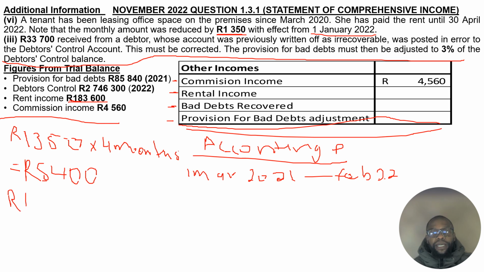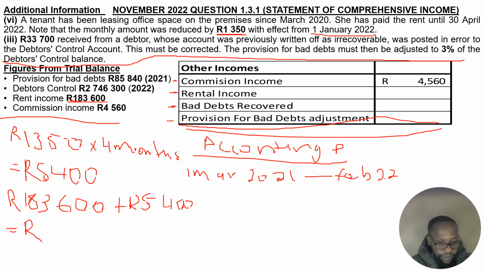So it's 183,600 plus 5,400, so it's 189,000.